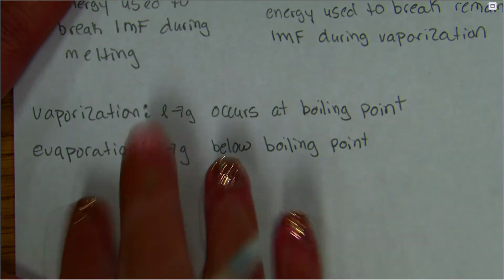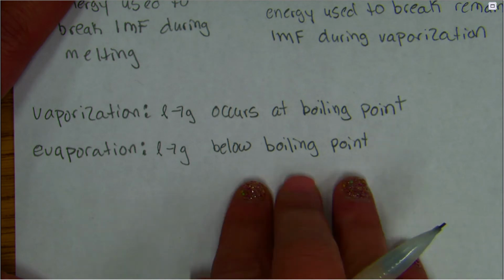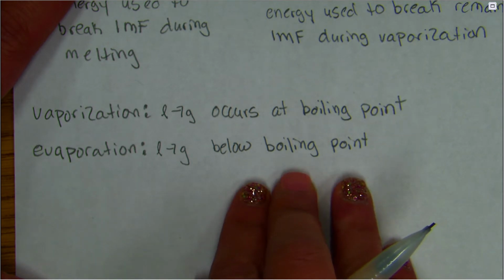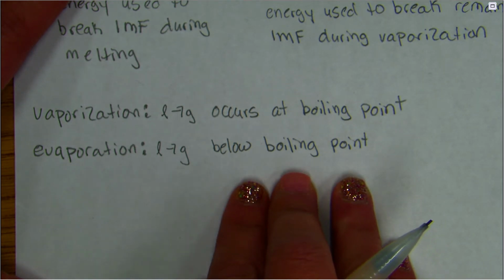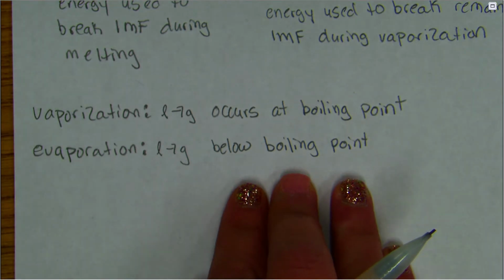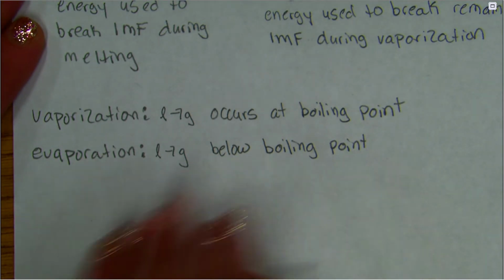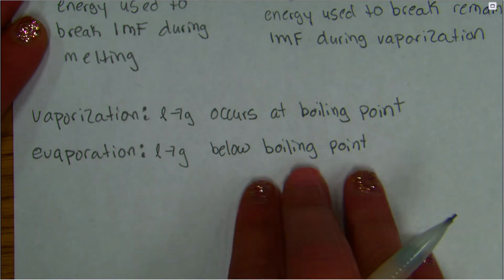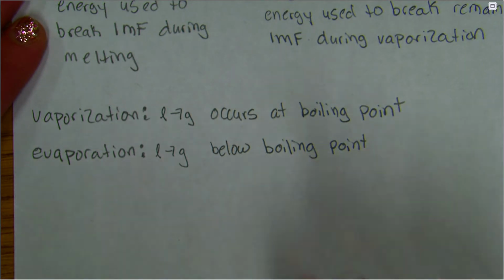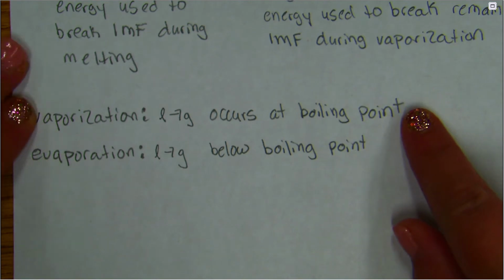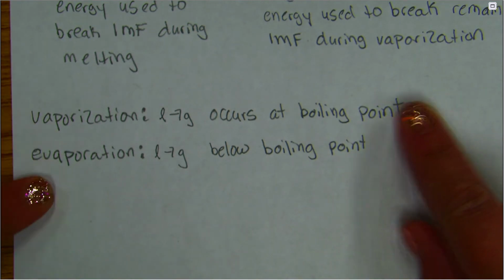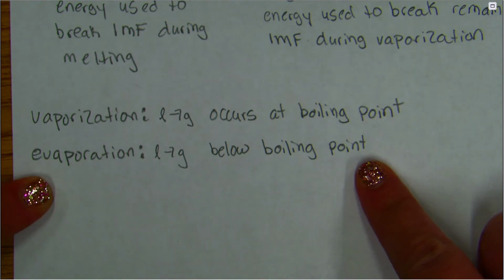All right, so evaporation is happening at the surface. Some particles have enough kinetic energy that they are able to break away and go into the gaseous form. But it is happening below boiling point. So when we talk about vaporization, it is at boiling point. Evaporation is below boiling point. I need you to please use those two words correctly.